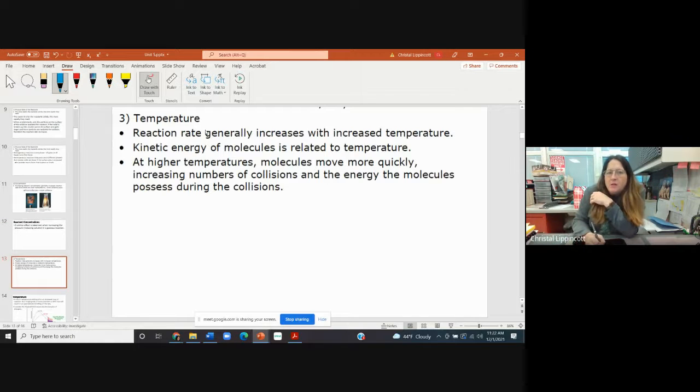Temperature then, the reaction rate is generally going to increase with increased temperature. Your kinetic energy is related to that temperature. At higher temperatures, you have more molecules moving more quickly, which is going to increase those collisions.